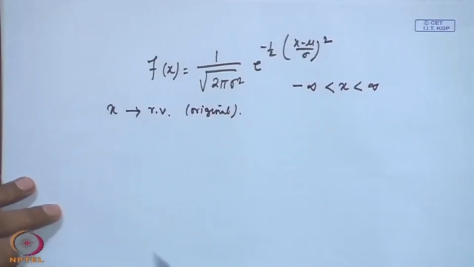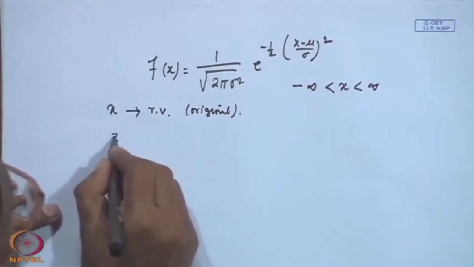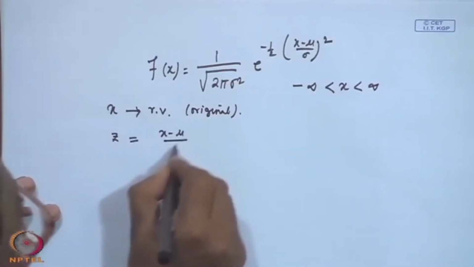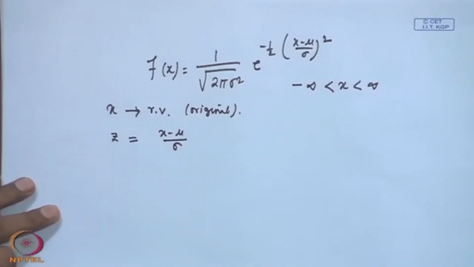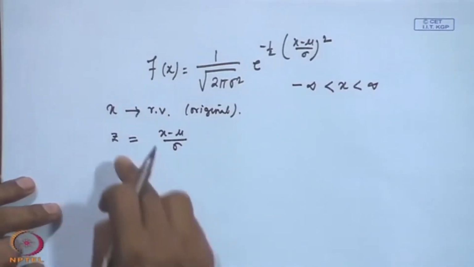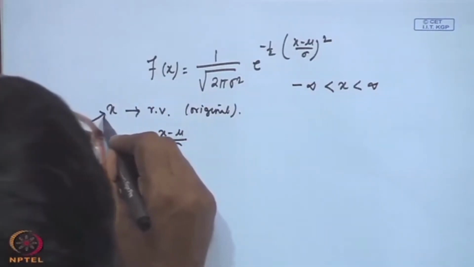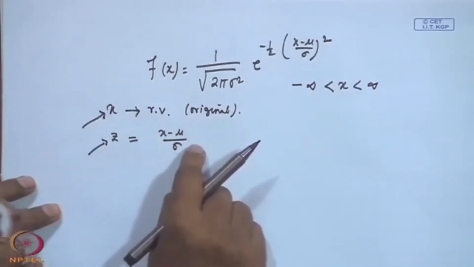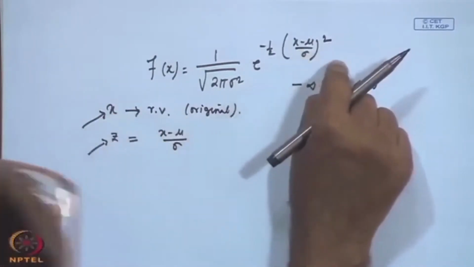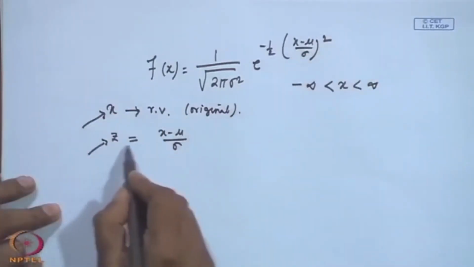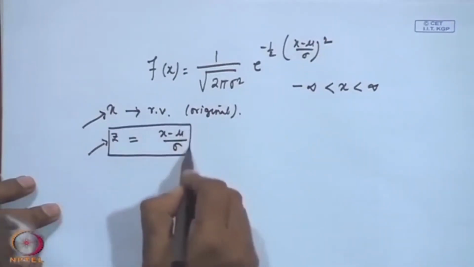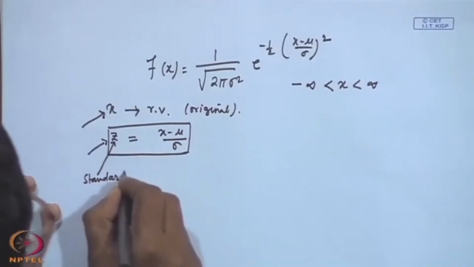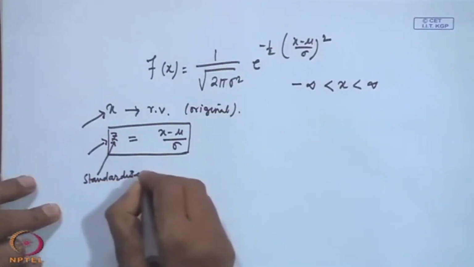Correct. Now let us transform x in this manner. Let z be a transformed variable of x, z equal to x minus mu by sigma. You have observed x, and you are creating another variable z using x as well as the population parameters mu and sigma. This is known as the standardized variable.